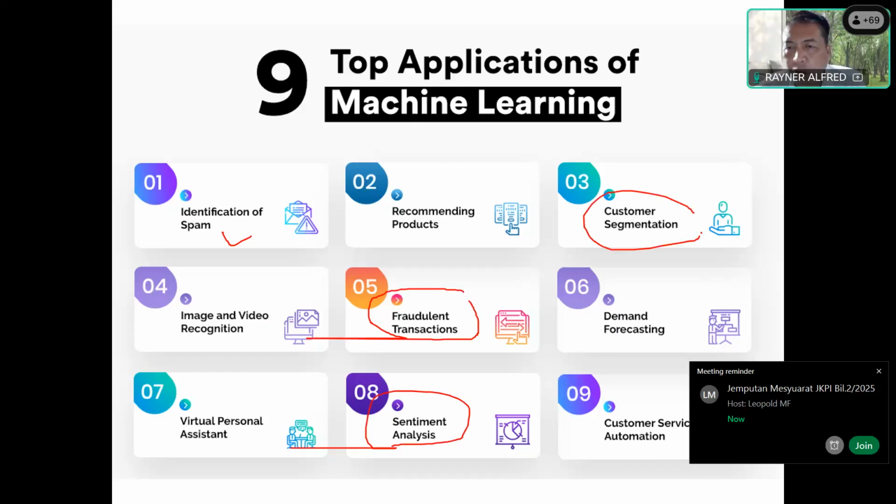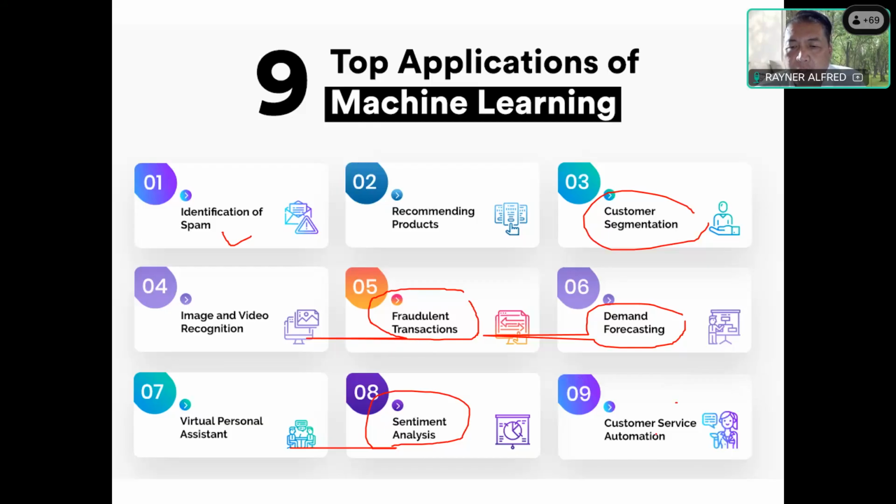We also have customer segmentation or customer clustering. We look at the demand forecasting. For example, the consumption of agro food in Malaysia. You want to forecast what is the consumption of the food in the next 5 years, and also this customer service automation. So this is like the bots. And this is recommending product based on your transaction history.